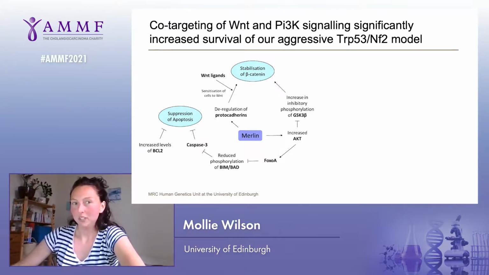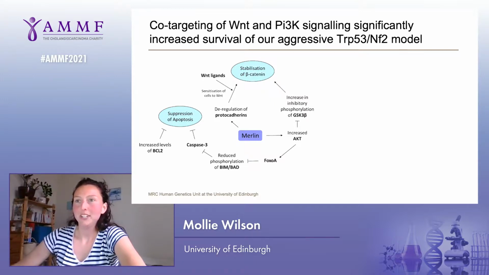Or you end up with suppression of apoptosis, which we believe is done through this arm here of increased AKT signaling that phosphorylates FOXOs, which then deactivate apoptosis. And it means that you end up with suppression of apoptosis.